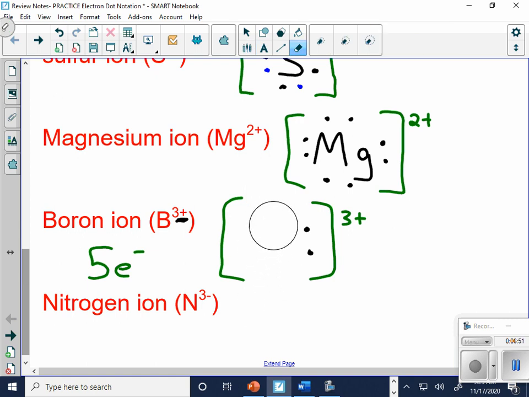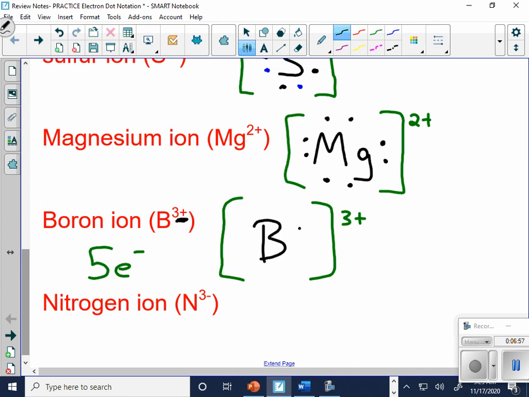So the deal with boron is that it goes along with that exception, because it's going to fill its shell with those 2, because it's going to look like helium. Questions on that one? Understand why I can't put those 8 around boron?